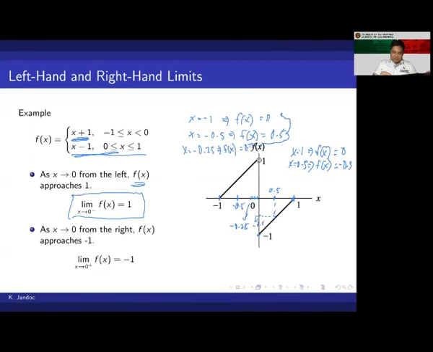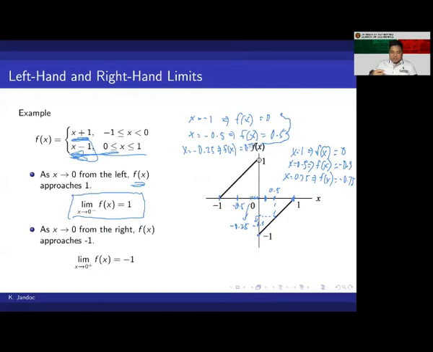Now let's look at something closer to 0. Say x equals 0.25. f of x in this case would be negative 0.75, via this part of the function.